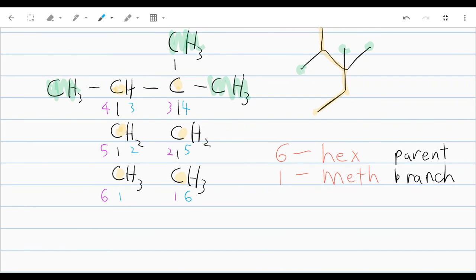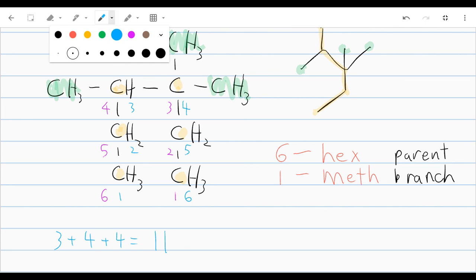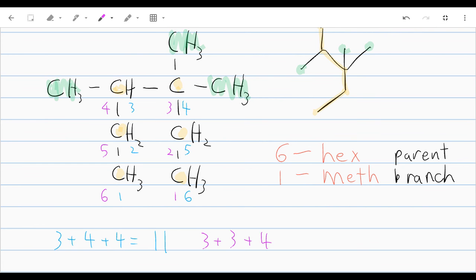So when we go the left to right way for this molecule, we get 1 branch at carbon 3, and we get 2 branches at carbon 4. That gives us a total of 11. When we go from right to left, we have 2 branches at carbon 3 and 1 at carbon 4.